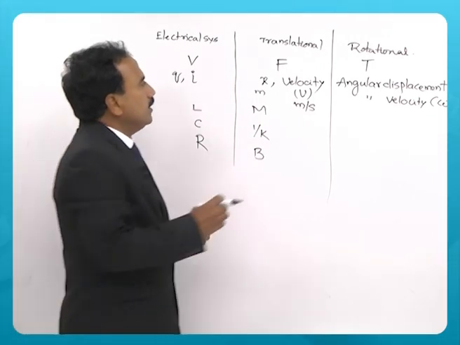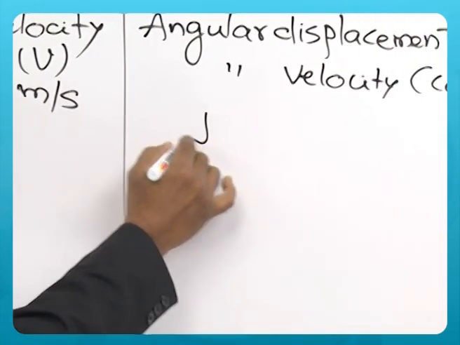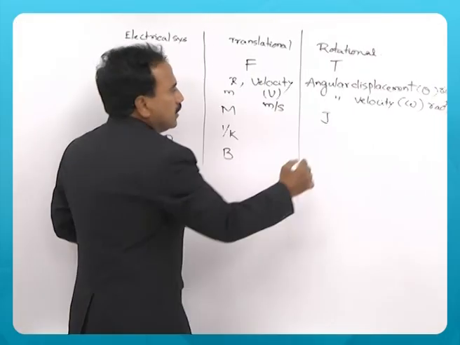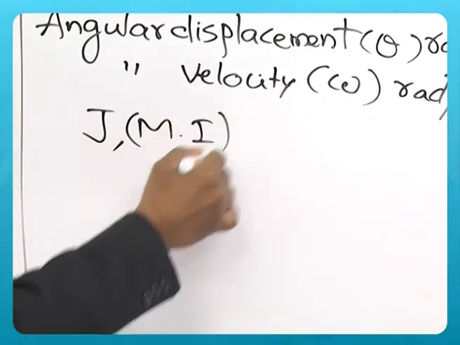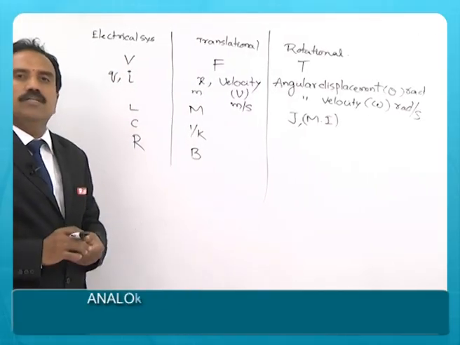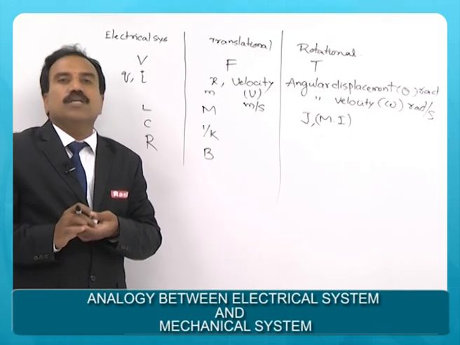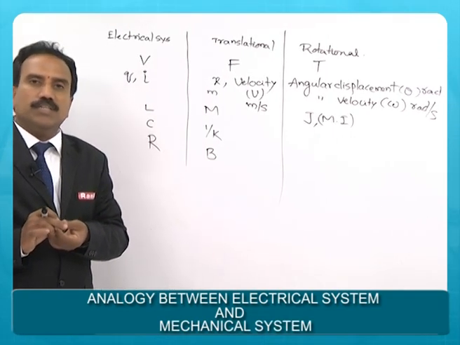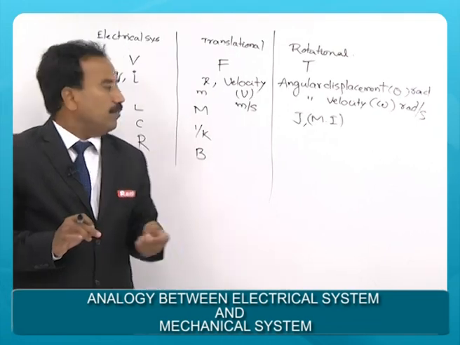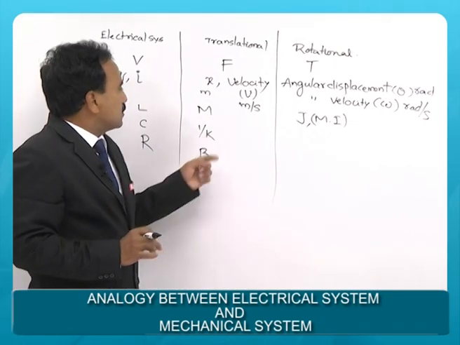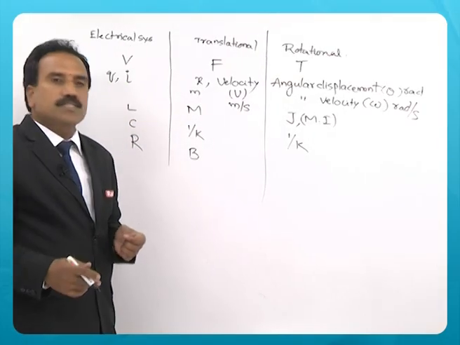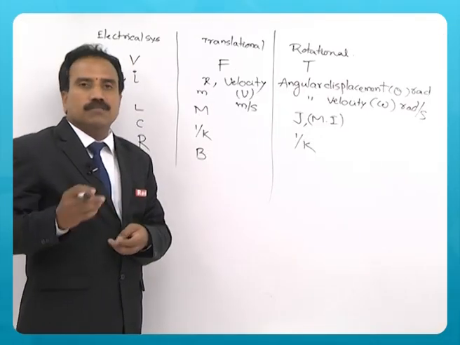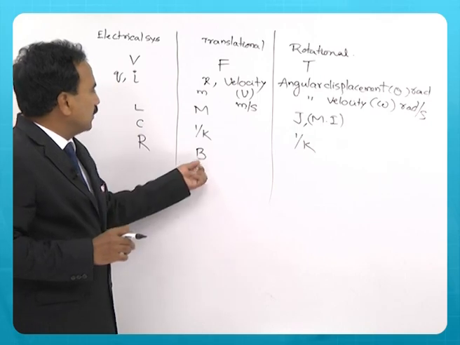So, here instead of mass we represent J, this is nothing but moment of inertia. Moment of inertia, the weight of a rotational system is represented by moment of inertia J. Now, spring stiffness, it exists even here also, but it is a rotational spring stiffness constant, and friction exists even here also, like B.